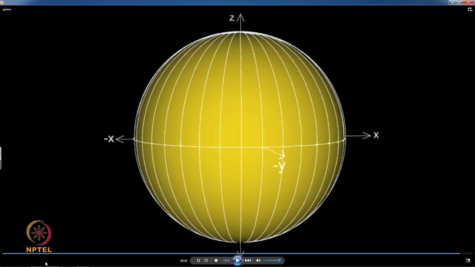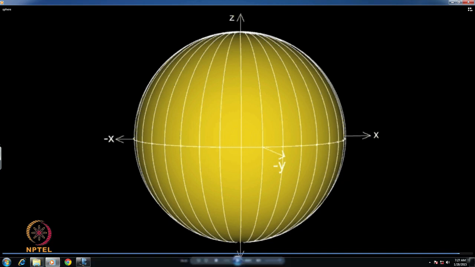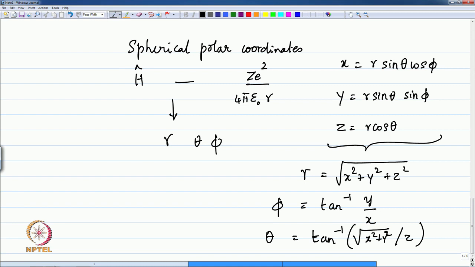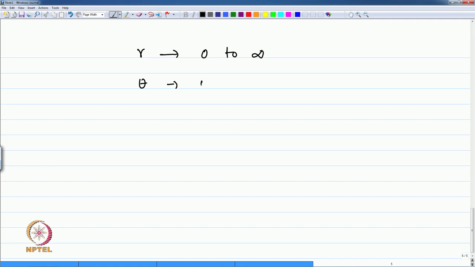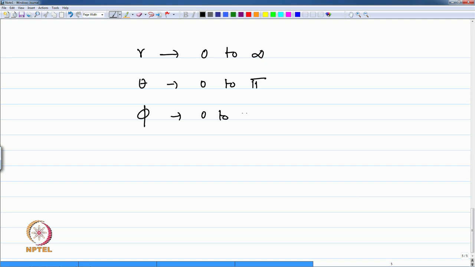Therefore, if we recall our lecture, r varies from 0 to infinity, being the radius of the sphere. The sphere is from 0 radius to all over the universe, and theta varies from 0 to pi as the polar angle with respect to the z axis, and phi goes around the circle, so phi is 0 to 2 pi.